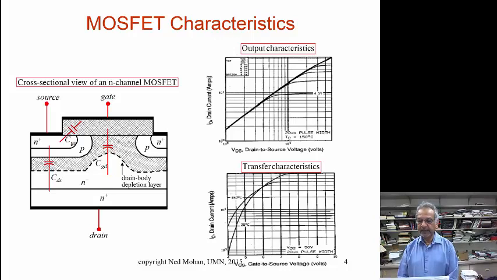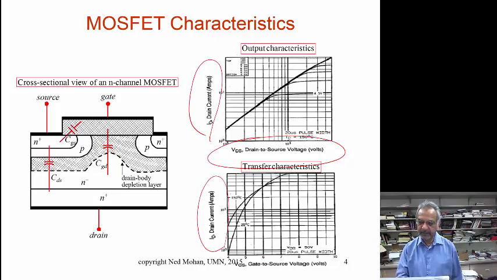And then we have this IV characteristic where the drain current is plotted as a function of drain to source voltage. And also, in order to understand the switching characteristics, we need to know the transfer characteristics where the drain current is plotted as a function of gate to source voltage.